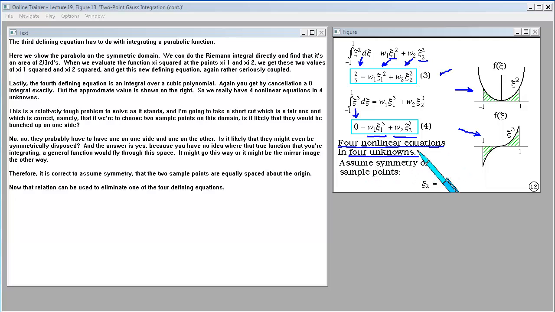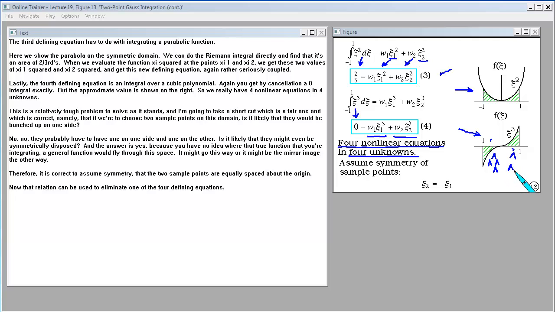This is a relatively tough problem to solve as it stands, and I'm going to take a shortcut, which is a fair one and which is correct. Namely, if we're to choose 2 sample points on this domain, is it likely that they would be bunched up on one side? No, they'd probably have to have one on one side and one on the other. Is it likely that they might even be symmetrically disposed?